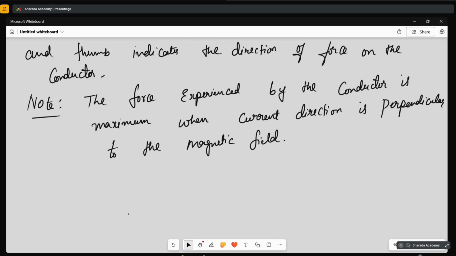According to that you can write the formula for the magnetic field. In 12th, I think you have the whole magnetic field, electric field, and so many things.